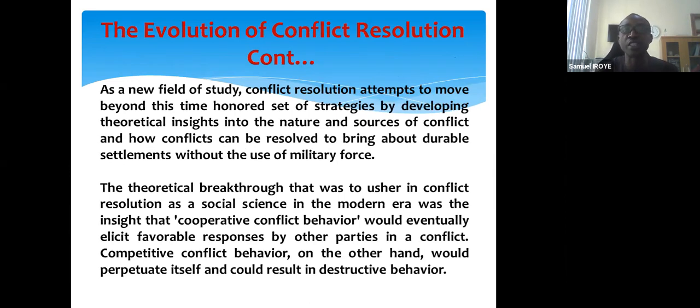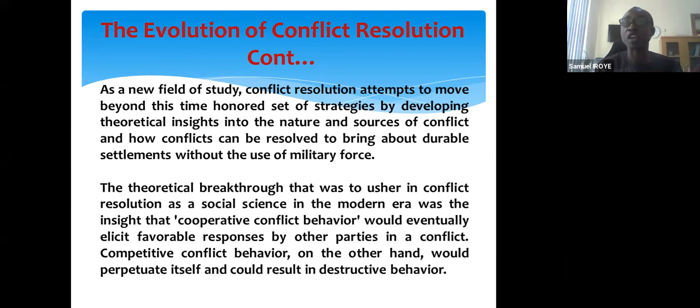But as a new field of study, conflict resolution attempts to move beyond this time-honored set of strategies. Conflict resolution has now gone beyond certain modalities and strategies being used. It has come to be developed into theories. And these theories give us better insight into better ways by which the principles of conflict resolution can be made applicable.